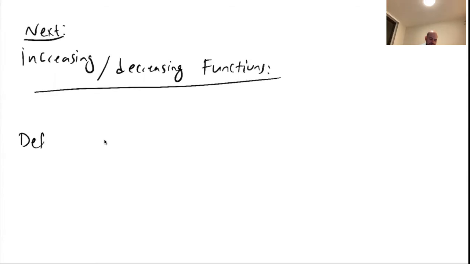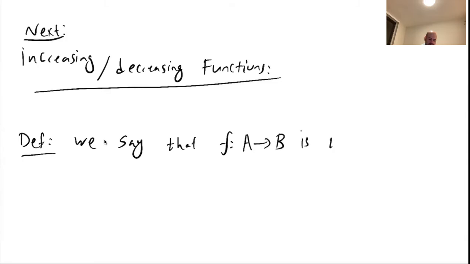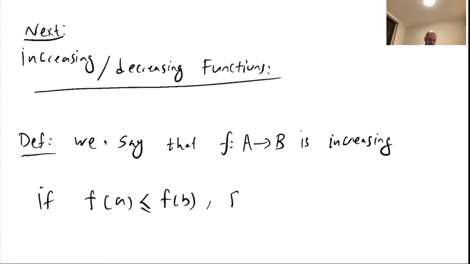So definition, we say that f, let's say from A to B, is increasing if f of a is less than or equal to f of b for every a and b in the domain with a less than b.